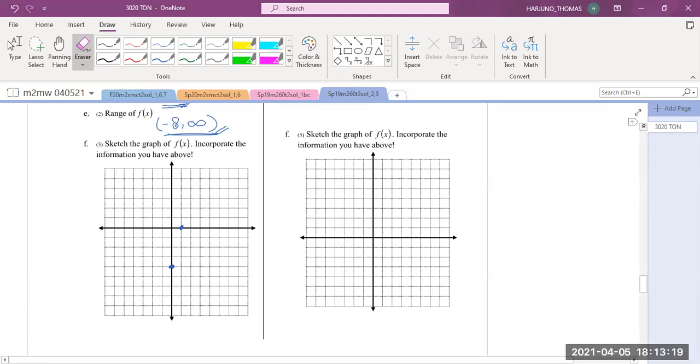Now then, the horizontal asymptote is y equals -8.